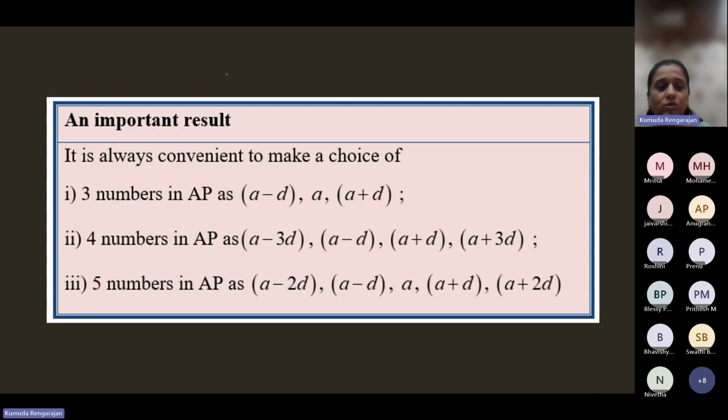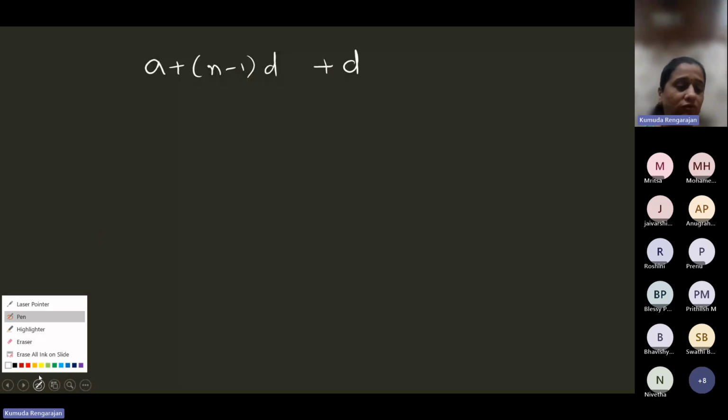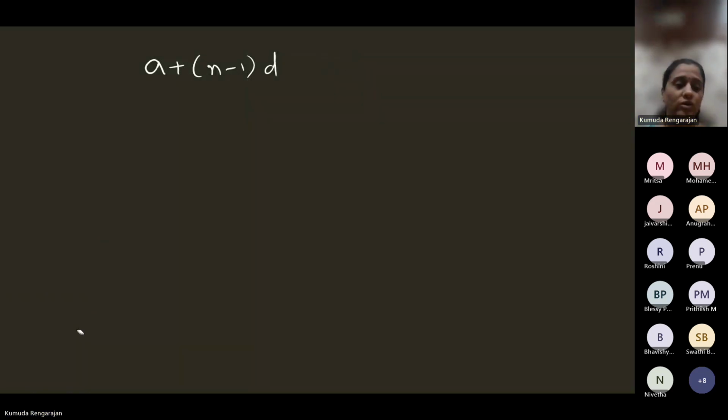Okay, I'll just tell you again. The nth term is a plus n minus 1 into d. If you want to get the next term, you should add d. If you want to get the previous term, you'll have to subtract d. So a plus, take out common.